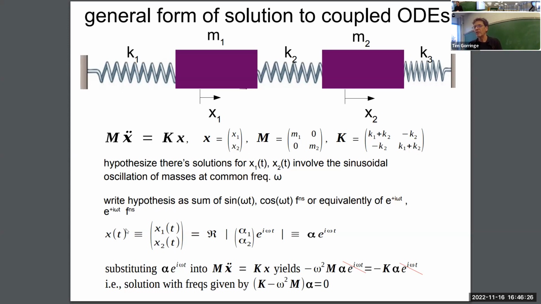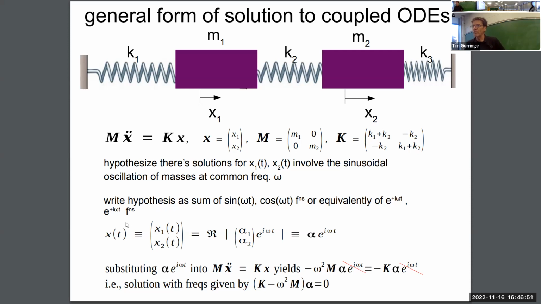Okay, so the idea is that our x1 and x2 could either be sine waves or cosine wave functions, or equivalently, it's more convenient to write them in terms of complex exponentials. These functions here, this should be e to the minus i omega t.